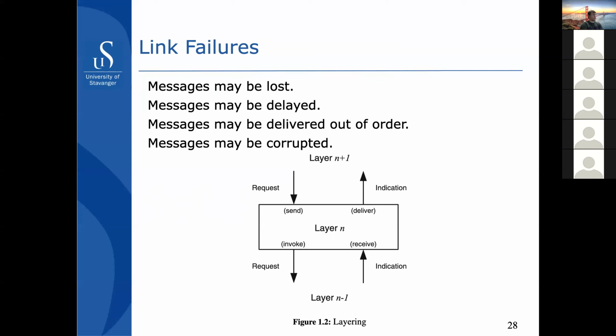They might be delivered out of order, meaning that even if the sender sent message A and then message B, the receiver may actually receive message B before message A. This complicates the algorithms, and we need to solve it.